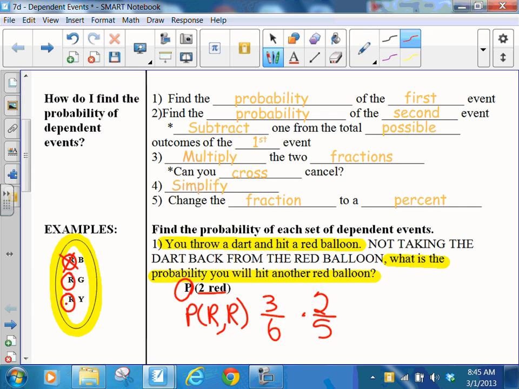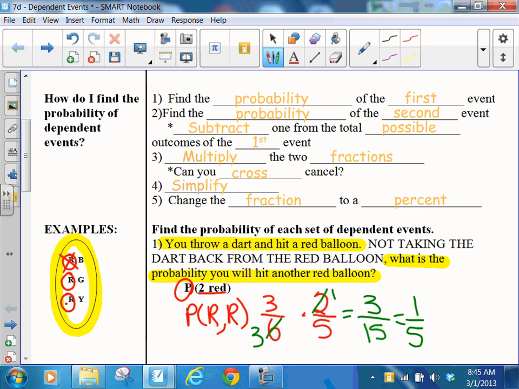Next step, check for cross canceling. You can cross cancel the 2 and the 6. 3 times 1 gives you 3. 3 times 5 gives you 15. Simplify, dividing by 3, you get 1 out of 5.